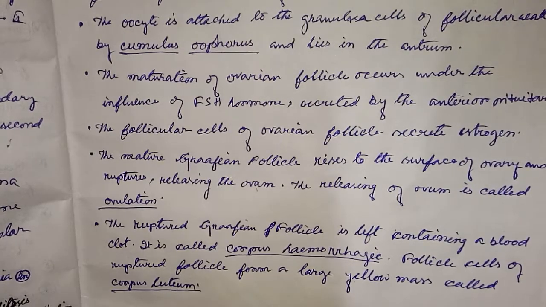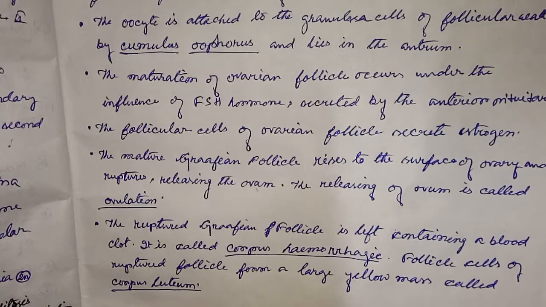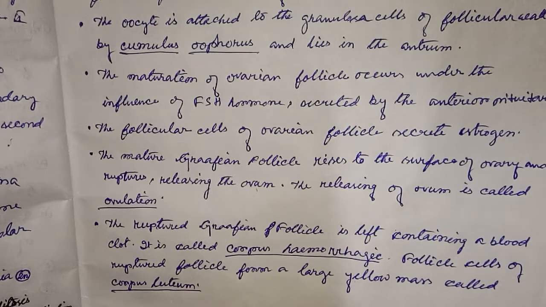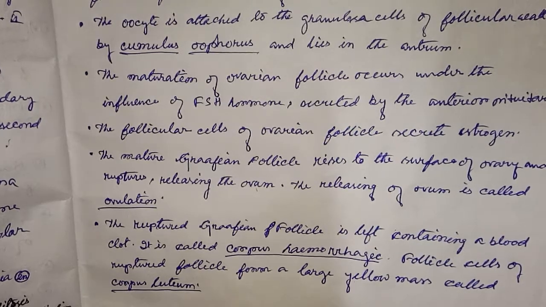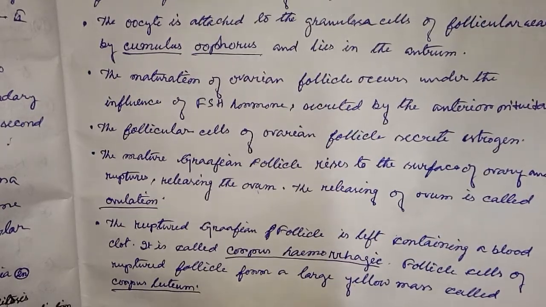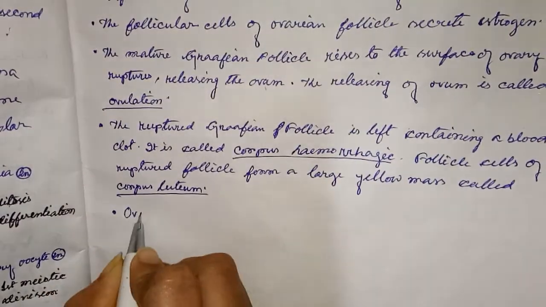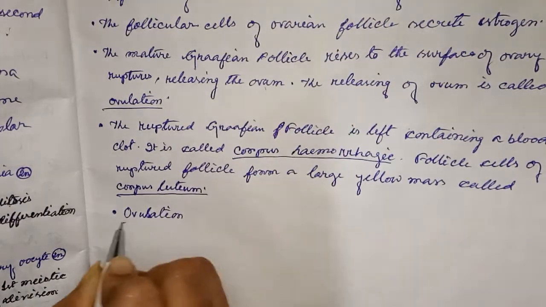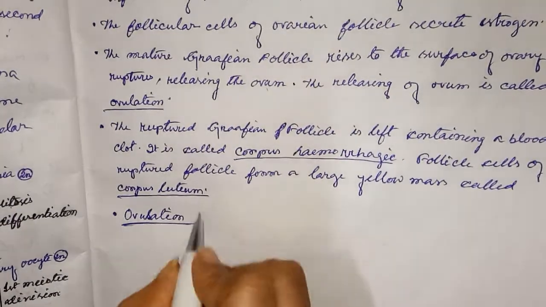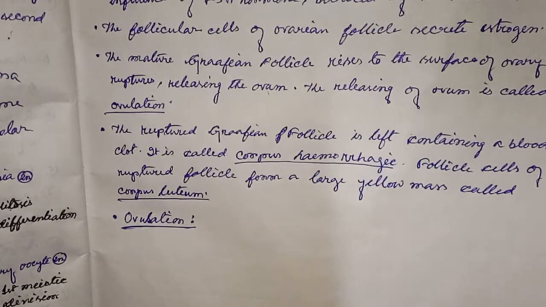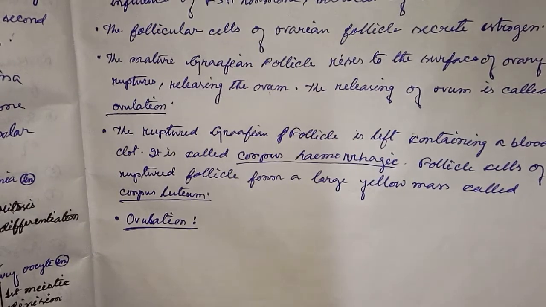Now we all know the term ovulation. Now let me tell you what is ovulation. The mature Graafian follicle reaches the surface of ovary and ruptures to release the secondary oocyte.